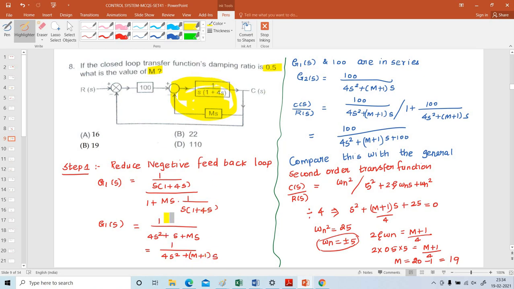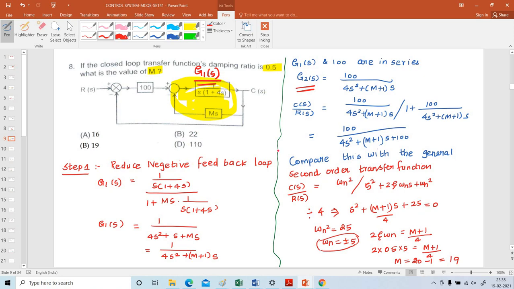Next, here this is the resultant, that is G1 of S. So this forms one block, and G1 of S and 100 are connected in series. So multiply 100 with G1 of S. So a new transfer function is created, that is G2 of S: 100 divided by 4S square plus M plus 1 into S. Next, see here, this is the closed loop with the forward path transfer function G of S and the feedback H of S equal to 1.